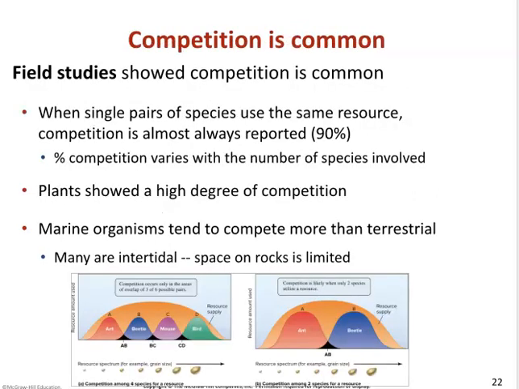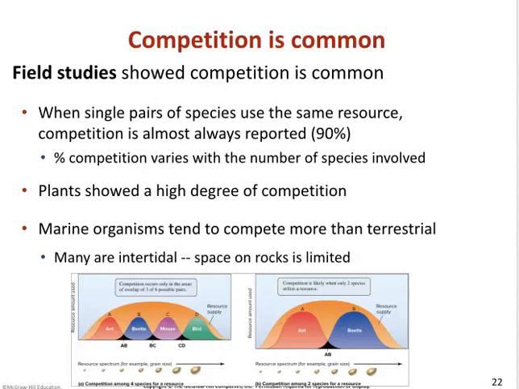Competition is very common throughout communities and populations, and field studies show this. When there's just a single pair of species, you will have more of the same resource because less is overlapped.